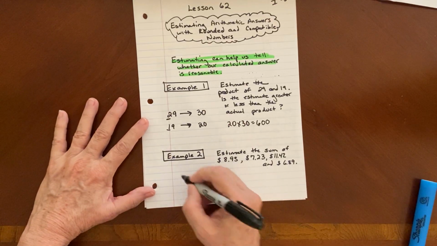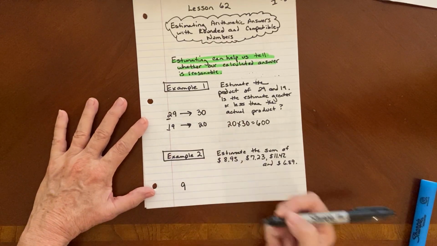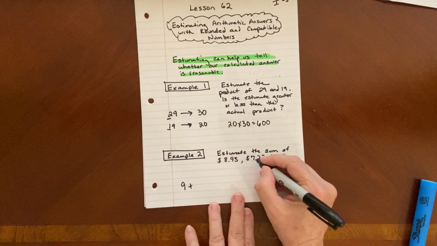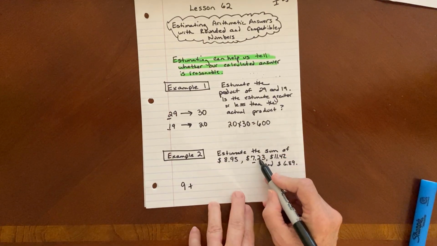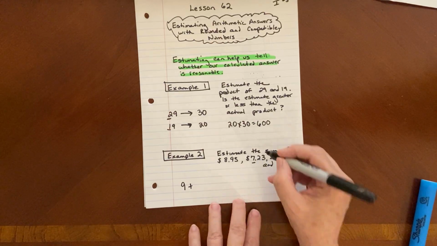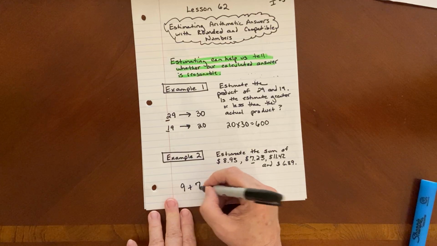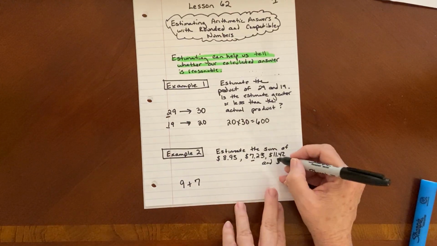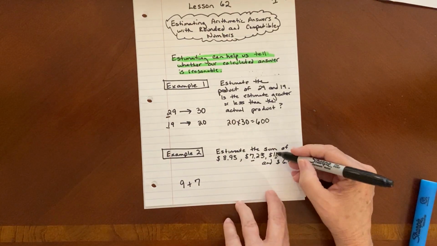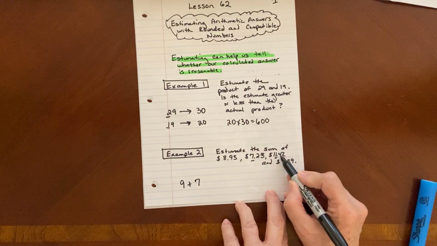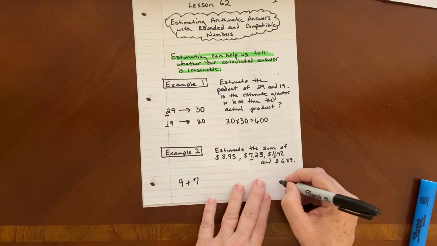So $8.95 is going to round to $9, right? $7.23, I'm going to mark my place, look next door. That's not 5 or greater, is it? So I can just chop off the rest and let that rest. So $7. Here, I'm going to mark the ones place, right? So I'm going to look next door. Is that 5 or greater? Let's do that down here, bigger.